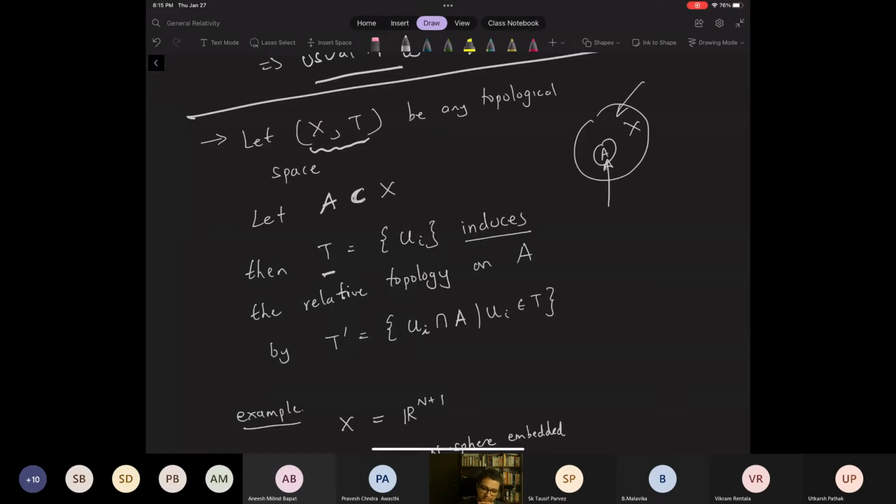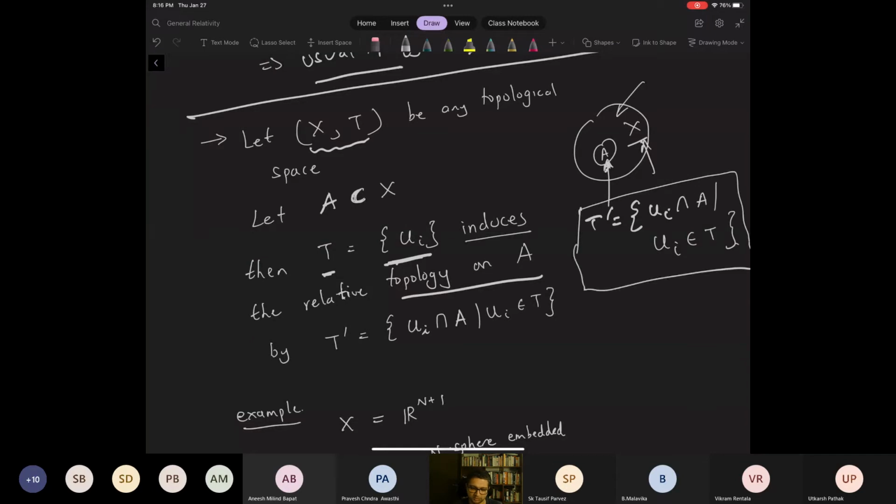Well, if we take the original T, which is subsets Ui of X, this induces a relative topology on A, and to get this topology T prime, which is a topology on A, I have to just take the subsets Ui of X and take their intersection with A, for all Ui which belong to T. I won't prove that this is a topological space, but it's kind of intuitively easy to understand why this would be a topological space, right?